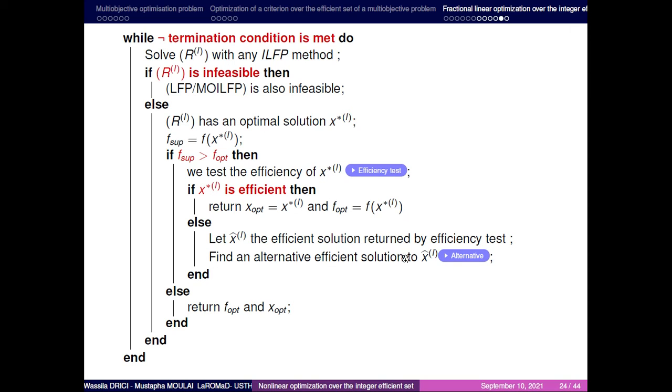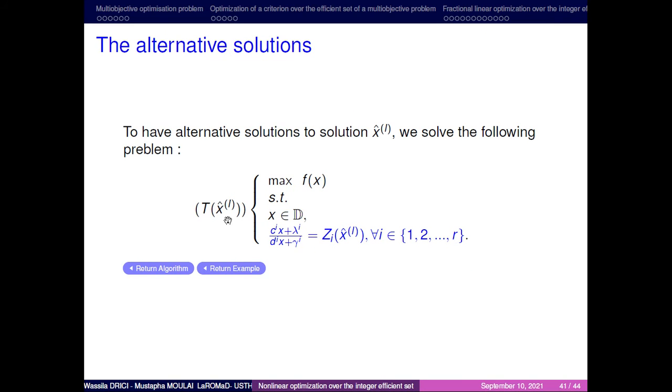Therefore, we solve the following problem. T of x hat L, which maximizes the function f such that x in D, and for each criterion E, Ze equal to Ze at the solution x hat L.